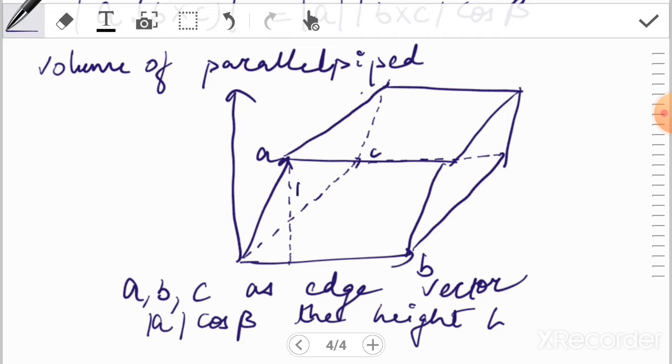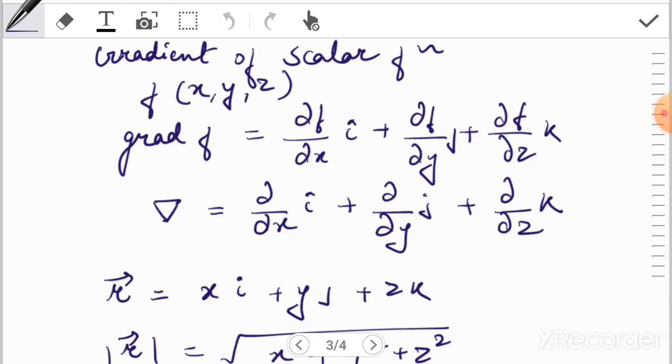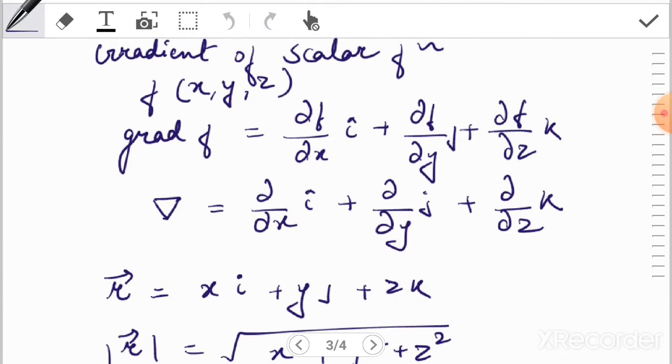So this is h, right? And this is angle beta. So this is similar to the geometrical interpretation of cross product.